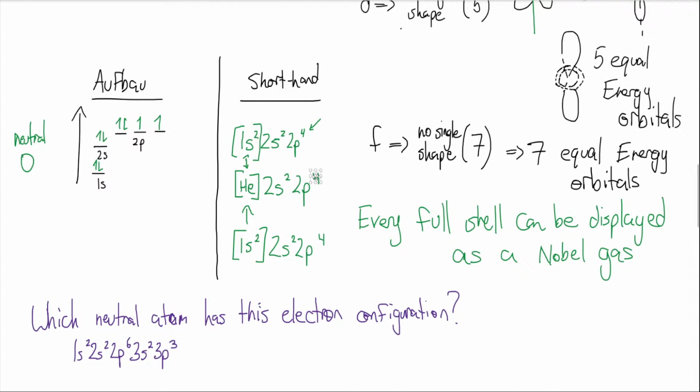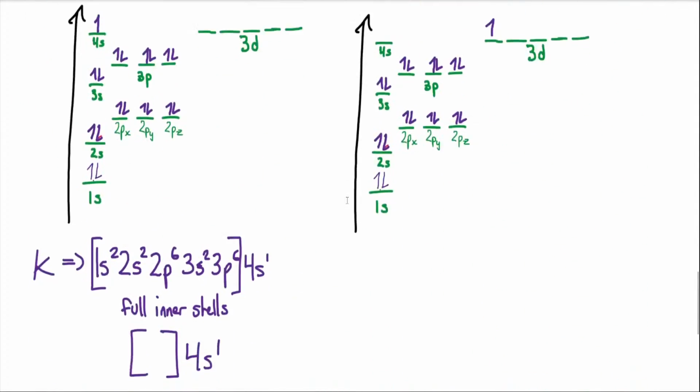It's the outermost shell in this one. So we don't just include the outermost 2 thing and skip the 2s2, because the 2s2 is just as much a part of it. Electrons in the valence shell. Yes, exactly.